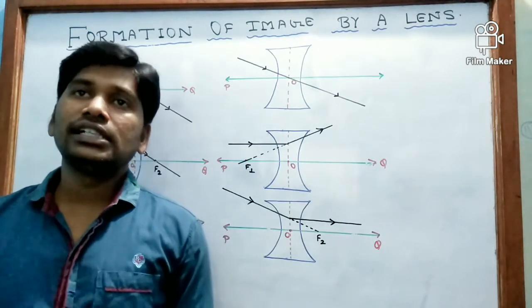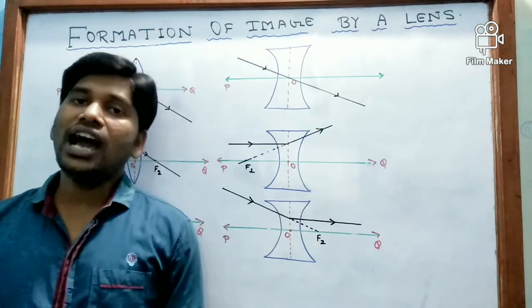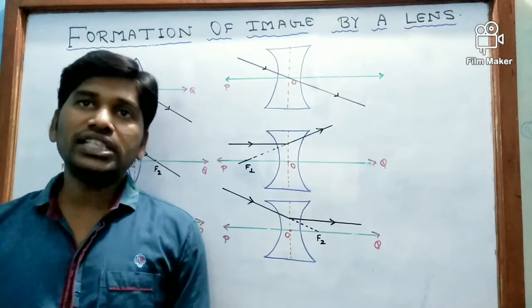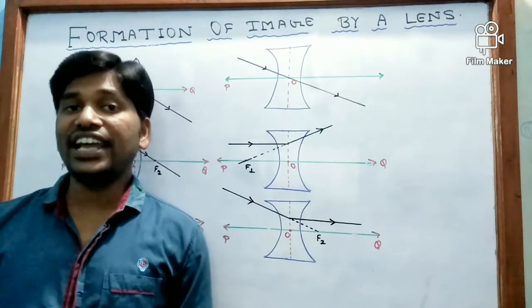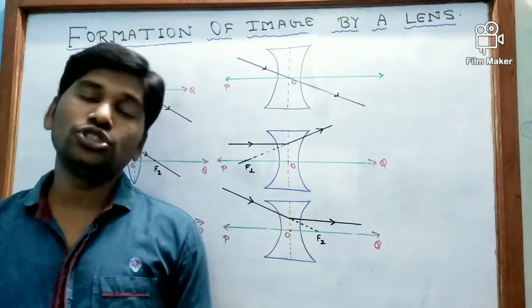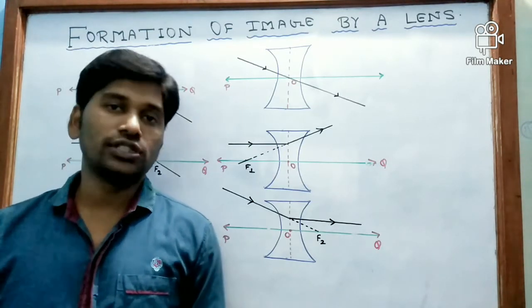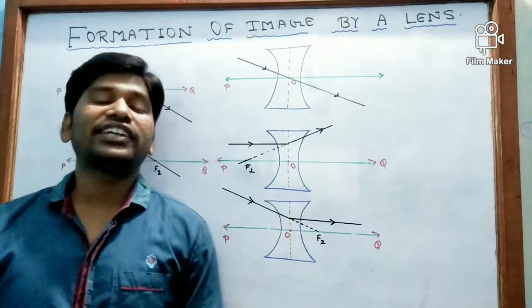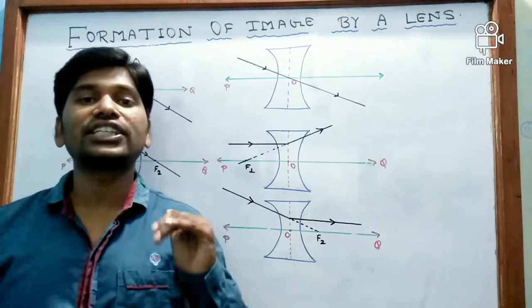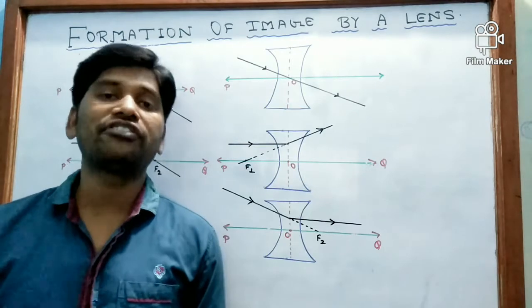That means the rays chosen are those for which the path after refraction from the lens is known to us. So let us see some rules for the refracted rays, in which direction they will go after refraction.